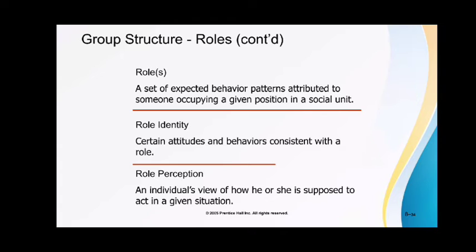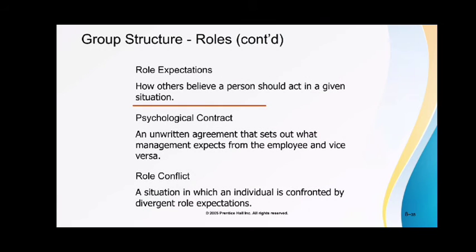For example, if you were a manager in the accounting and finance area, you might see the role of the manager as being conservative, considered, and analytical. Next is role expectation, how others believe a person should act in a given situation.